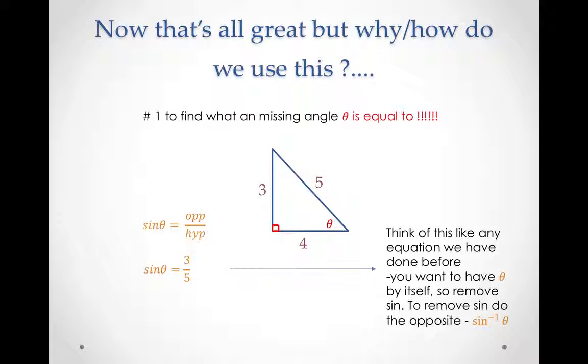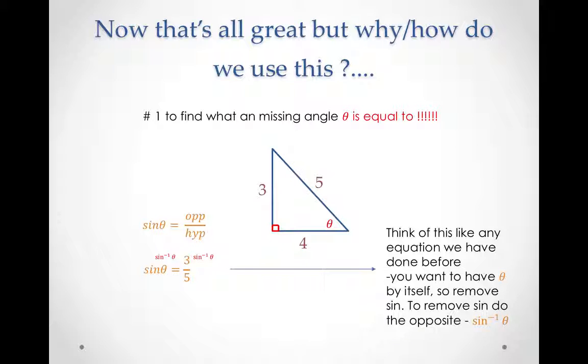To remove sine, we simply do the opposite, which is a calculation called the inverse of sine. I'll show you how to do this on your calculator. But to remove sine, we need to do the inverse of sine. You'll find this on the shift function of your sine button on your calculator.